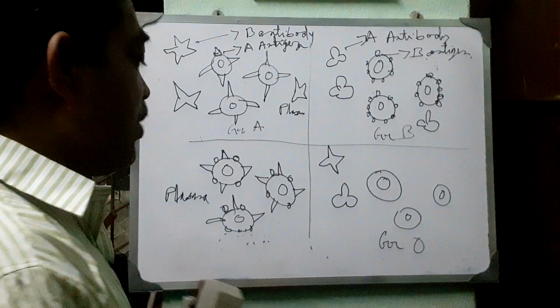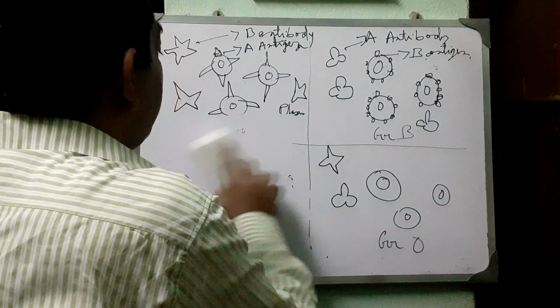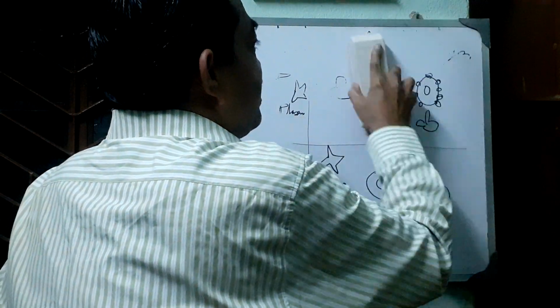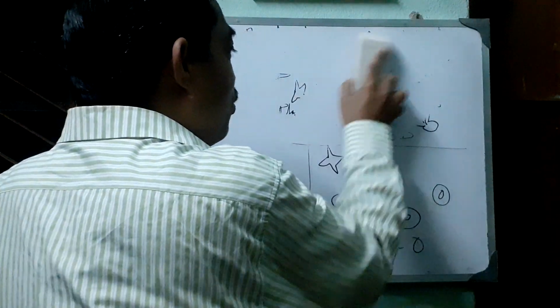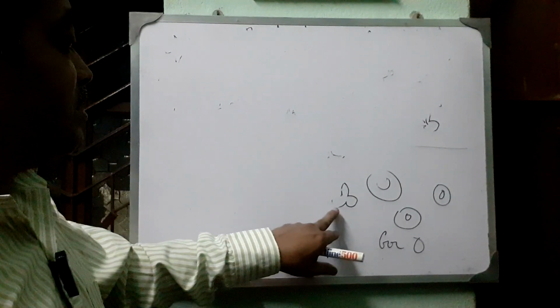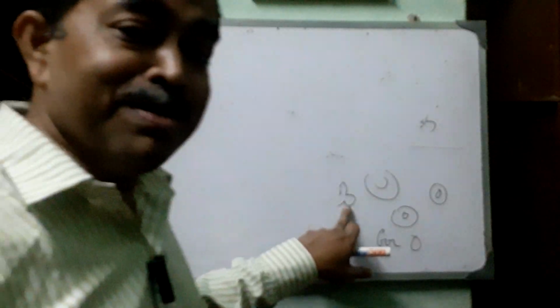So when we are transfusing any blood, it should be the same blood group, otherwise O, because O has no antigen and only antibody is present.